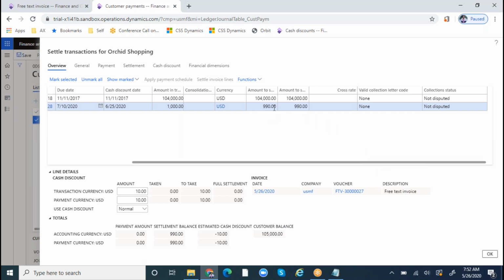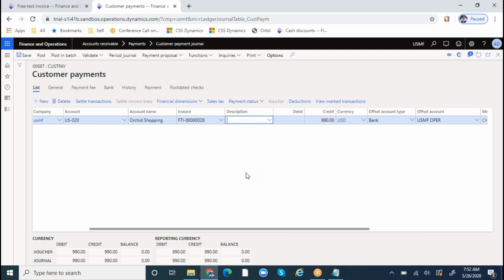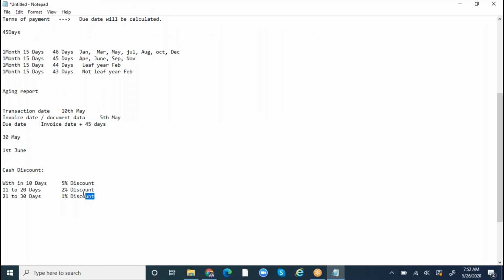Okay, 990. So click OK. So automatically the system is calculating the discount amount and doing the transaction. Get my point? This is based on the cash discount terms that you have mapped.